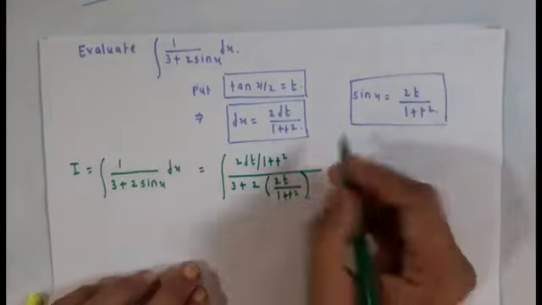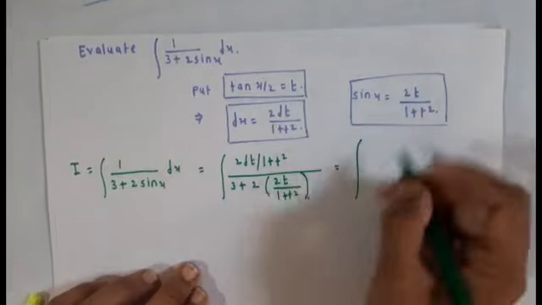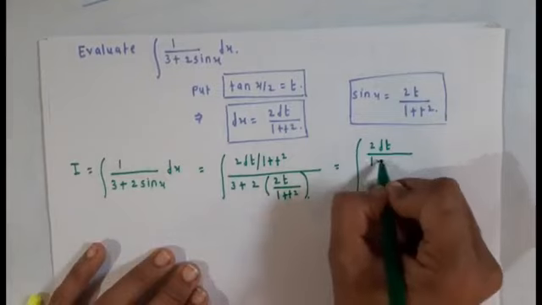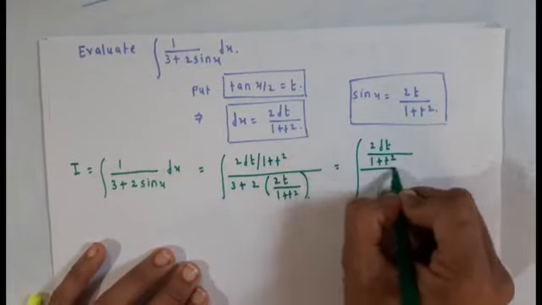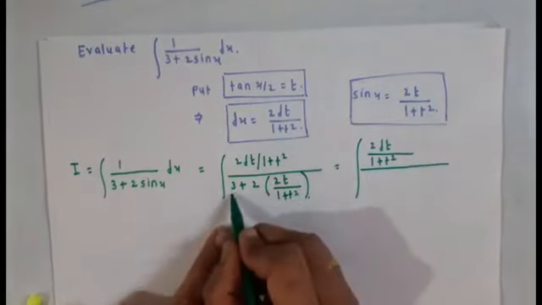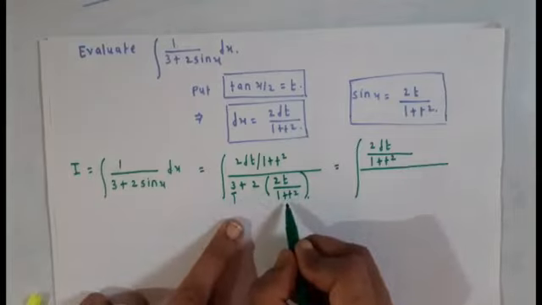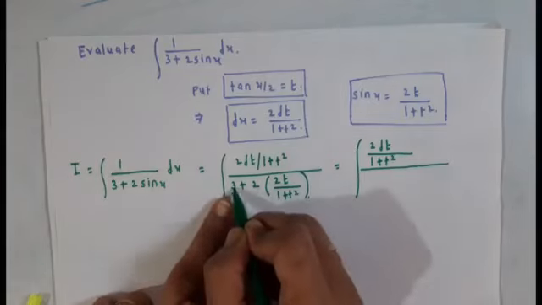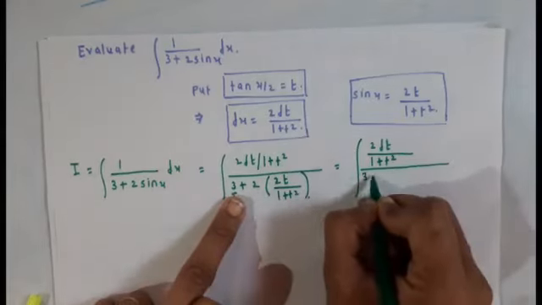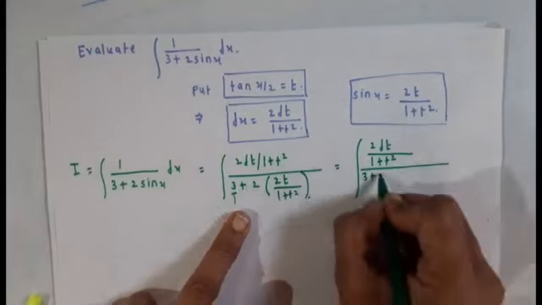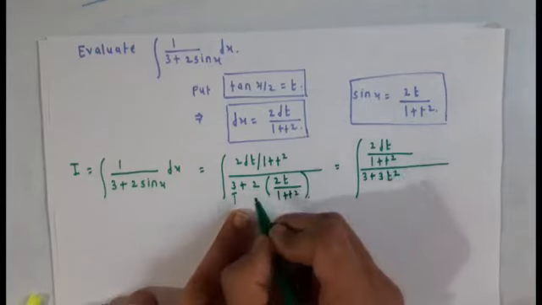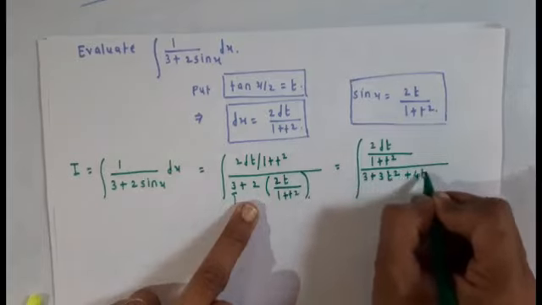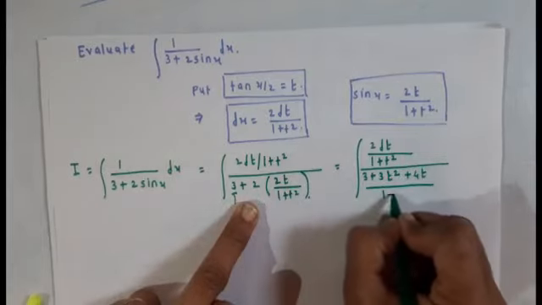Now this is equal to the integration of 2 dt upon 1 plus t square divided by, here the LCM will be 1 plus t square in the denominator, that's why multiply 3 with 1 plus t square, and therefore 3 into 1 is 3 plus 3 into t square, plus 3t square. Now plus 2 into 2, that is plus 4t, upon 1 plus t square.